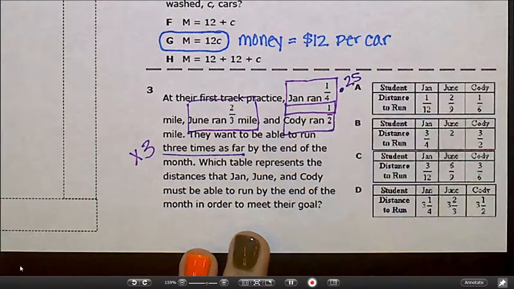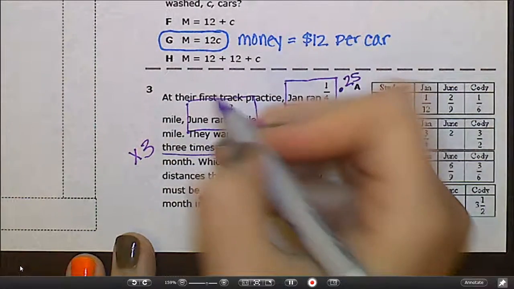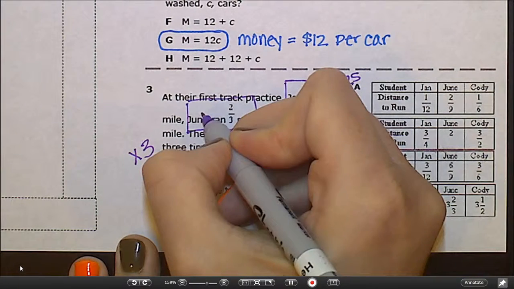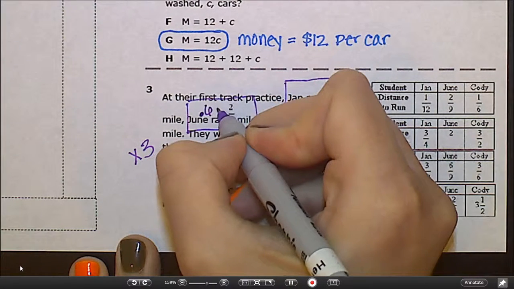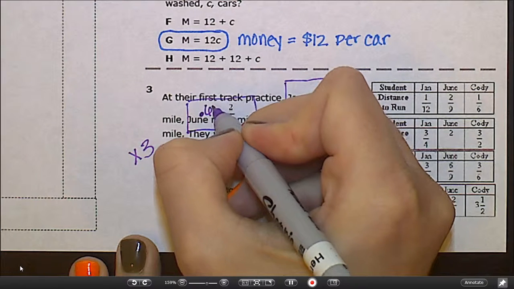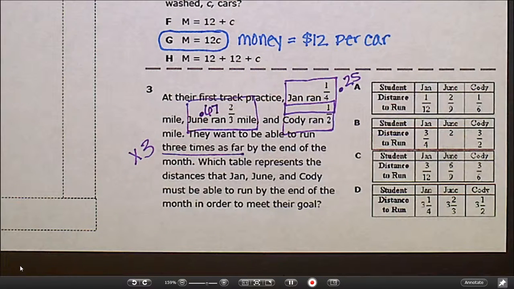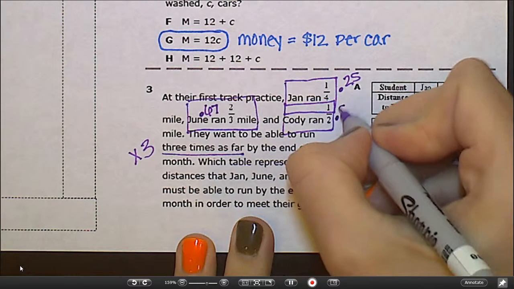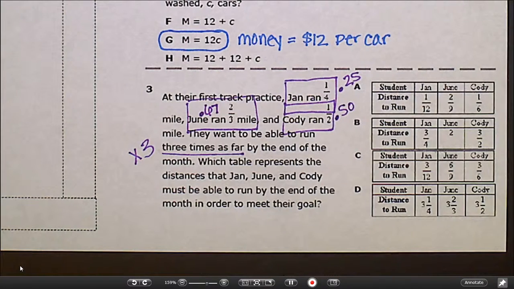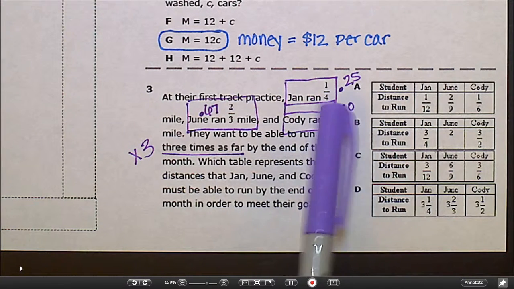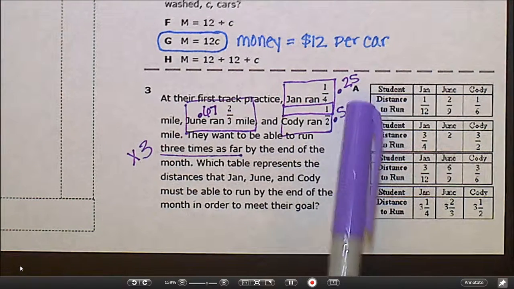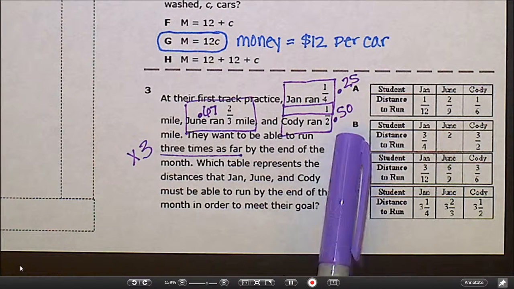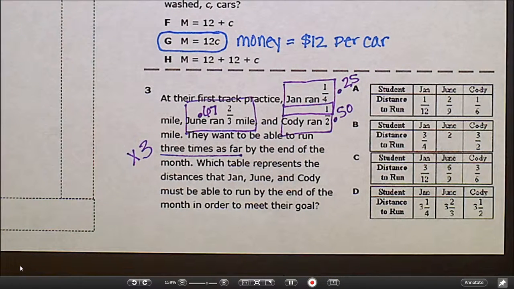I should have this memorized. 2/3 is a little trickier. That's 0.66666666 on and on forever, so I'm going to say 0.67. Remember, that's a little bit of an estimate because I had to round. And 1/2 is 0.5 or 0.50. Think of this like money. 1/4 of a dollar is 25 cents. 1/2 of a dollar is 50 cents. So that's one choice that I have.